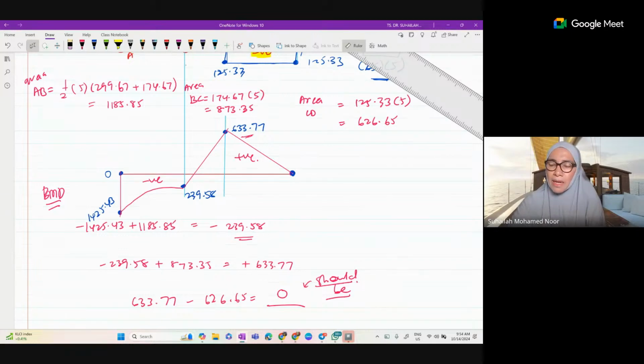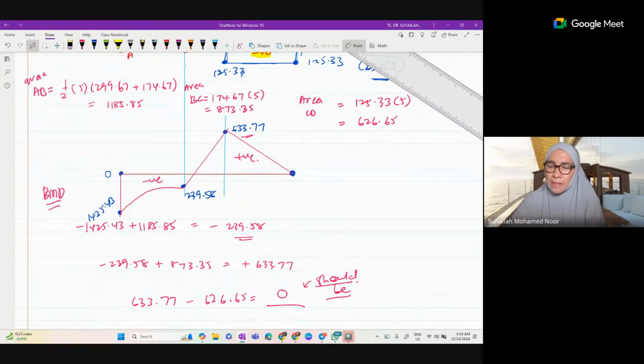Okay, so whether it is a determinate structure or an indeterminate structure, we have to know until the shear force diagram and bending moment diagram. Sometimes there is a question, sometimes not. Normally in the exam there will be one question asking for the shear force diagram and one asking for the bending moment diagram.